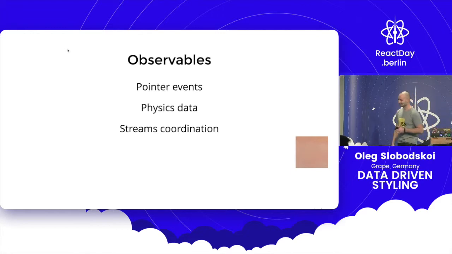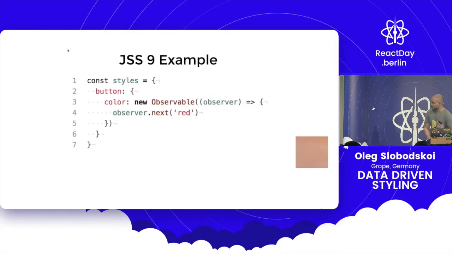And there is another thing. In JSS, we have an Observables interface. Observables is a nice interface if you want to handle pointer events or physics data or any other data streams which are very intensive, and there are a lot of them, so you need some interface in order to describe your animation. If you have an object which has 20 or 100 animation points, you kind of need an interface to describe these animations and synchronize them.